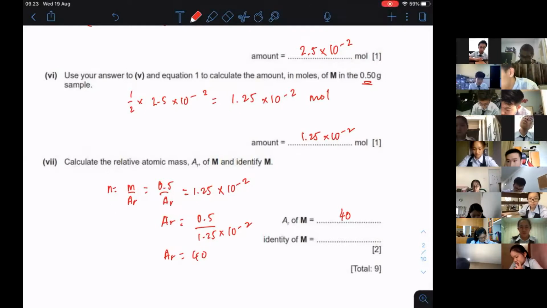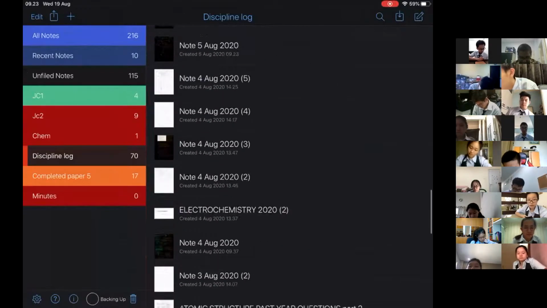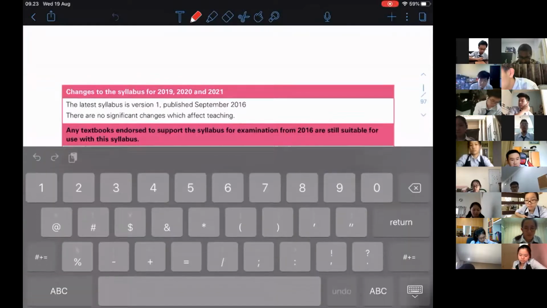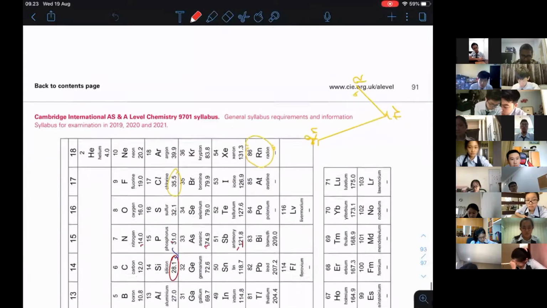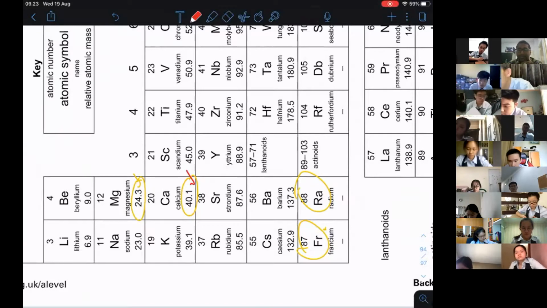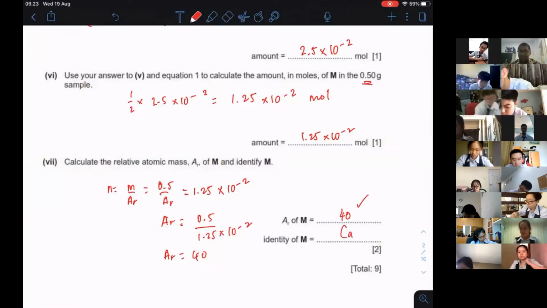Ella, can you help? 40, James. If you look at the periodic table, the one that is 40 will be here. Can you see, James? Yes, sir. It's supposed to be calcium. Calcium should be the answer. The identity is going to be calcium.